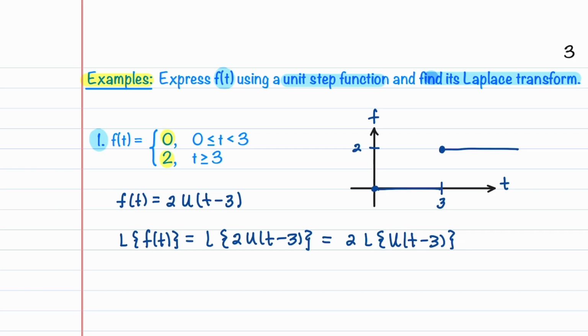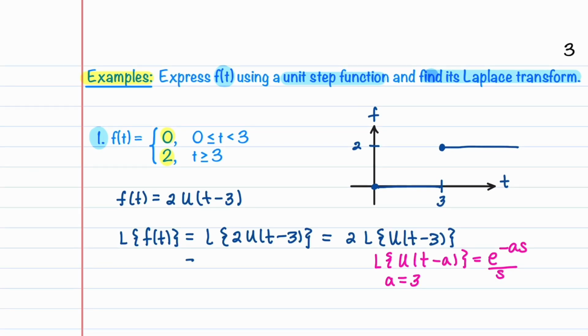The formula for the Laplace transform of u of t minus a is equal to e to the minus as all divided by s. In our problem, a is equal to 3. This gives us an answer of 2, and then we have e to the minus as, a is 3, so we have e to the minus 3s, and all of this gets divided by s. And there's our answer.